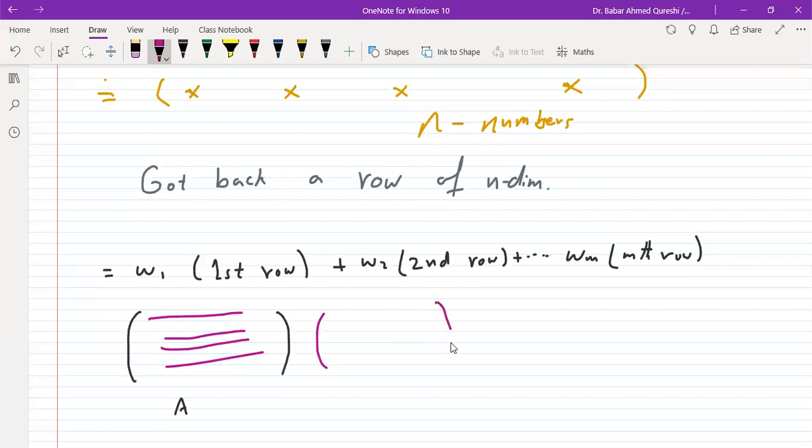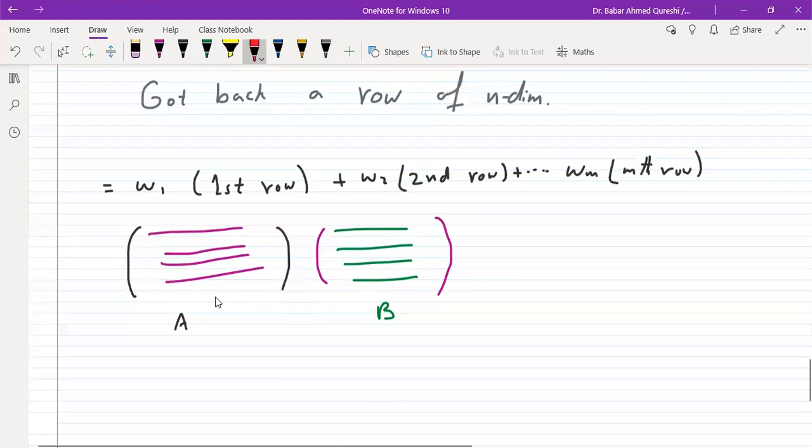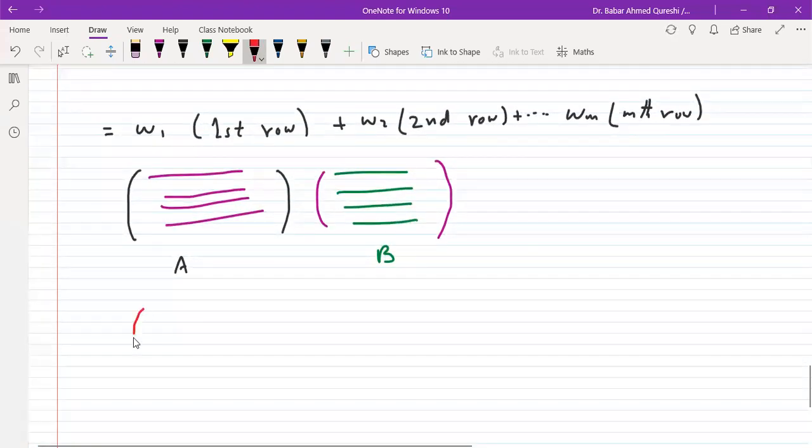This is your B, it has also a bunch of rows. What you do, you make linear combination of these rows through the components of each row over here.